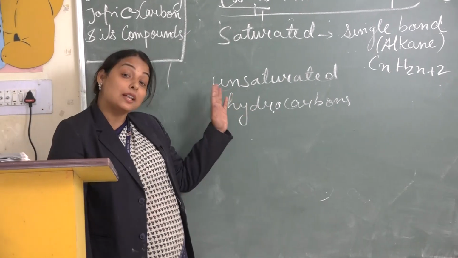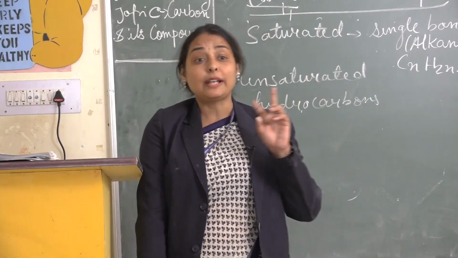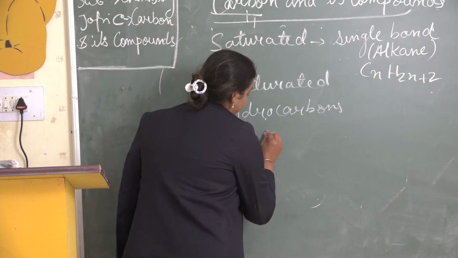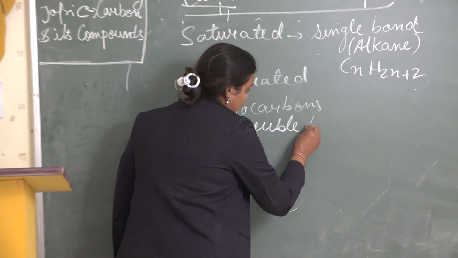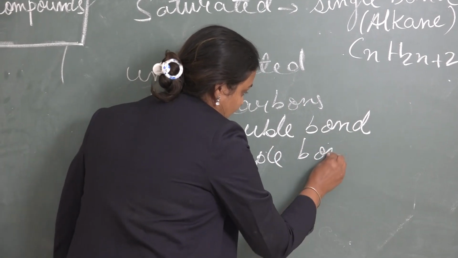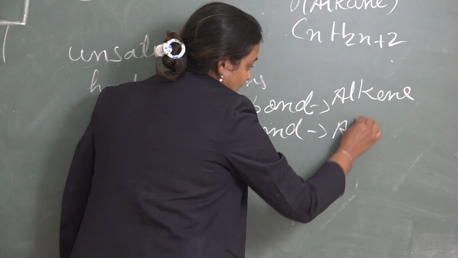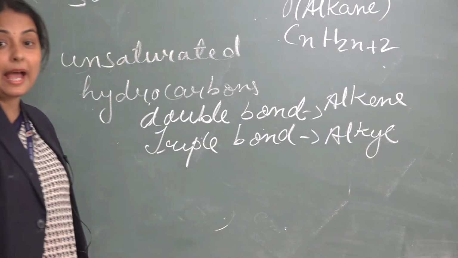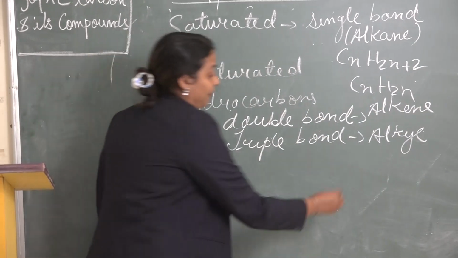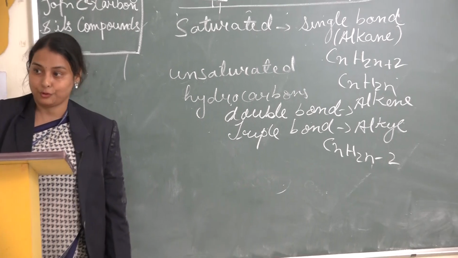Now unsaturated hydrocarbons: in unsaturated hydrocarbons we have double bonds and triple bonds, that is alkene and alkyne. Their general formula is CnH2n for alkene, and for alkyne CnH2n-2.